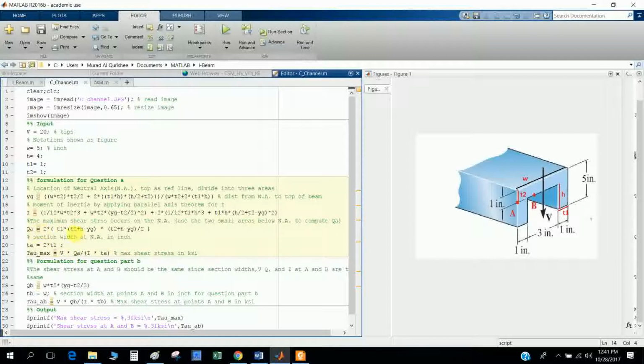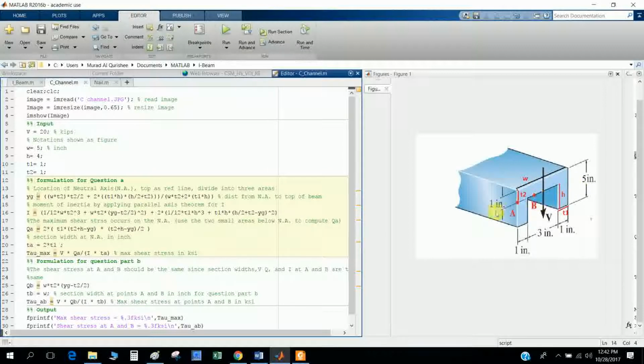And there is again the maximum shear stress occurring at QA. So we take t1 multiply t2 plus h, that means this whole distance, minus yz. This yz gives this distance, and multiply by their distance. So t2 plus h minus yz divided by 2. There are two flanges there and there. Suppose the neutral axis is in here.